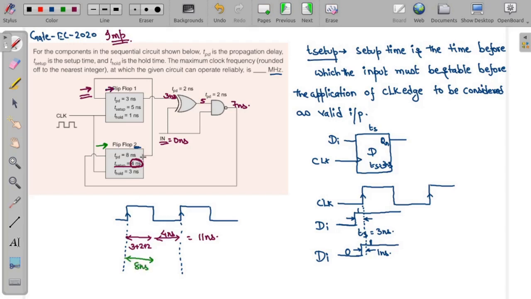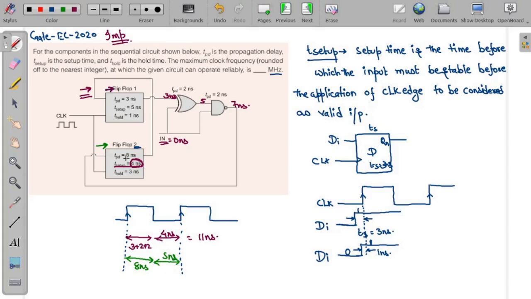Now I can see after 8 nanoseconds the output of flip flop 2 is delivered, which is going to flip flop 1, but the input should be stable 5 nanoseconds before the next active clock edge.